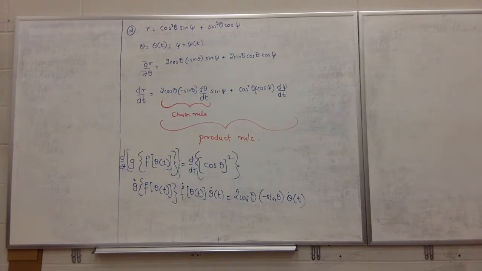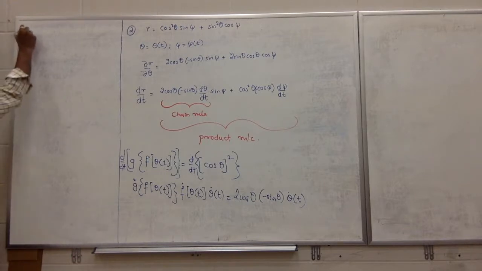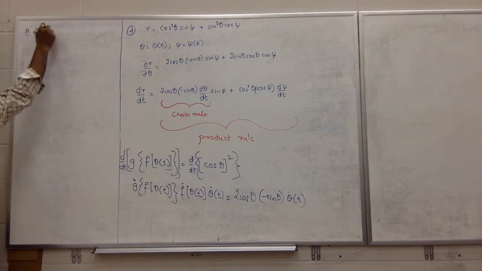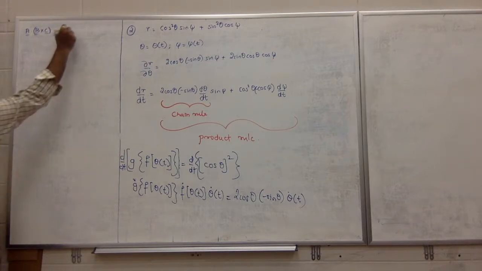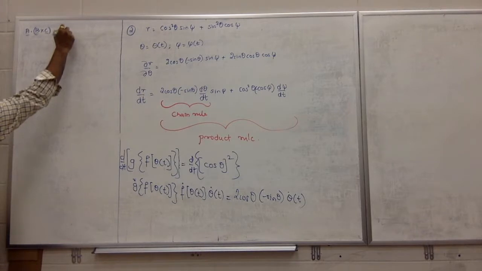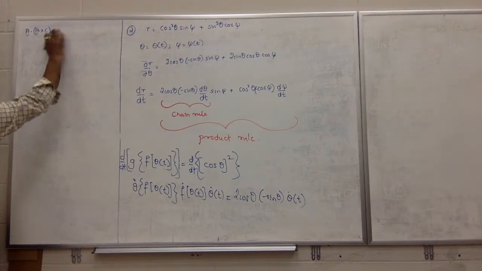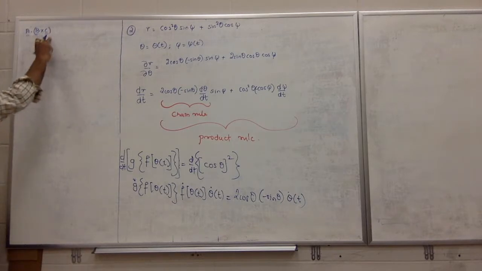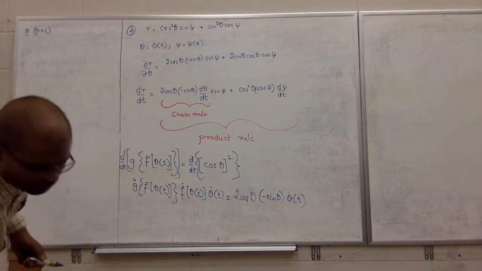It was like A cross B dot C cross D, all in one parentheses.